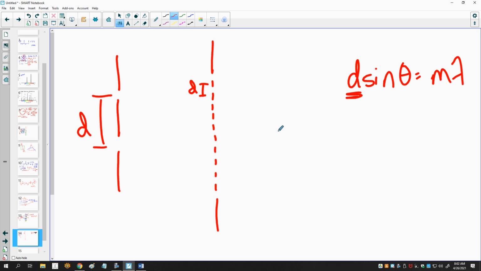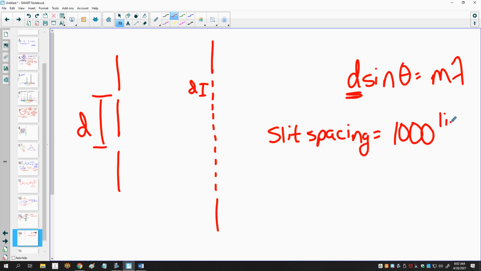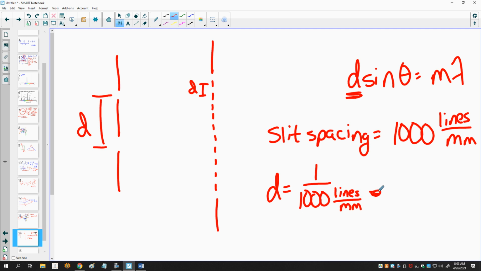So for example, I think in your lab you had a slit spacing of 1,000 lines per millimeter. So if you want to figure out what d is, you need to take the inverse of this. 1,000 lines per millimeter is equal to 0.001 millimeters.